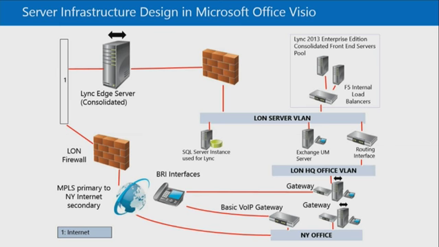This is a good layout for a fairly simple Lync environment that describes that we've got some firewalls, we've got the SQL Server, we've got our London deployment, we've got 2 front ends, we've got load balancers, we've got routers, we've got gateways, we've got BRIs versus PRIs. BRIs is just a British representation of a T1. The firewall, and an MPLS back to that other office.